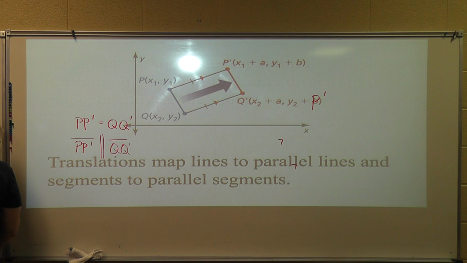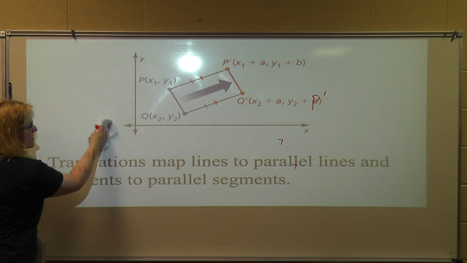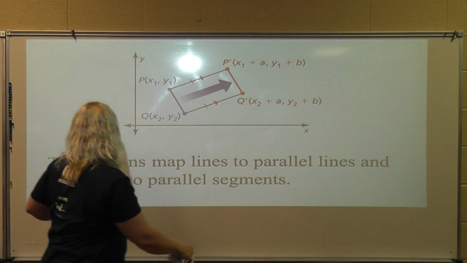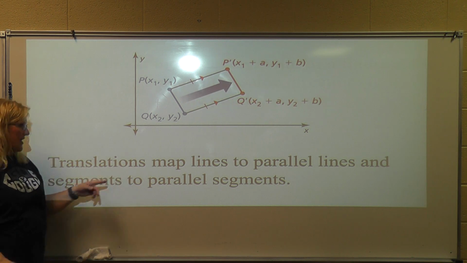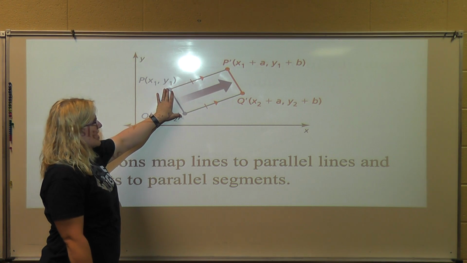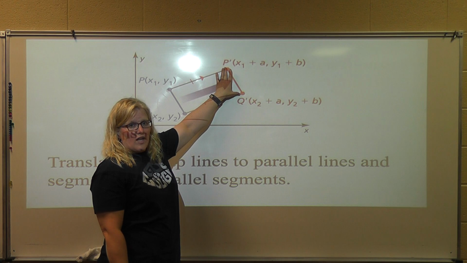All right. So looking at this again, one thing that I want to show you is that translations map lines to parallel lines and segments to parallel segments. So this is a line segment, and it translated to another segment.